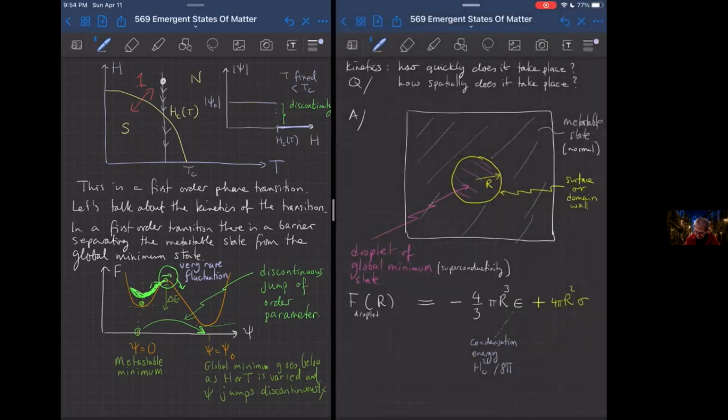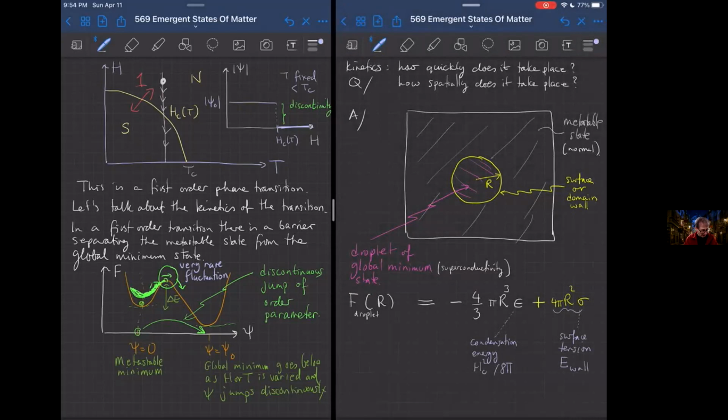And that surface tension is the thing that we calculated last lecture, the thing that we called the E wall. This whole thing is the energy of the wall in the spherical case. So this is the energy of the wall per unit area. But you understand what I mean.